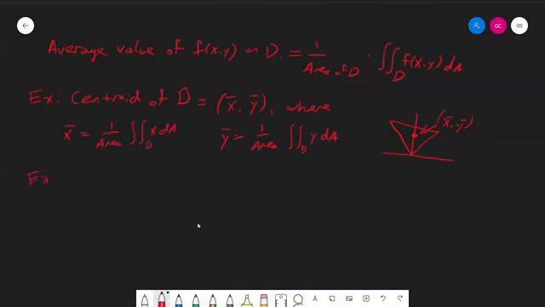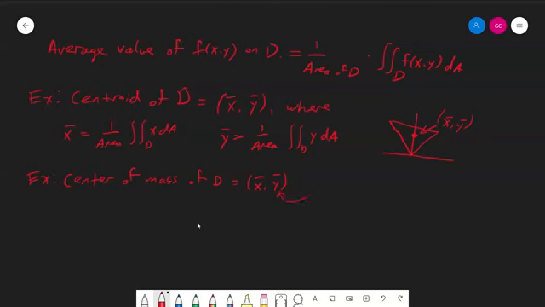And finally, here's one more example that is like a centroid: the center of mass of a region. We also often denote that as x bar, y bar, so you have to use your context to know what x bar and y bar mean.